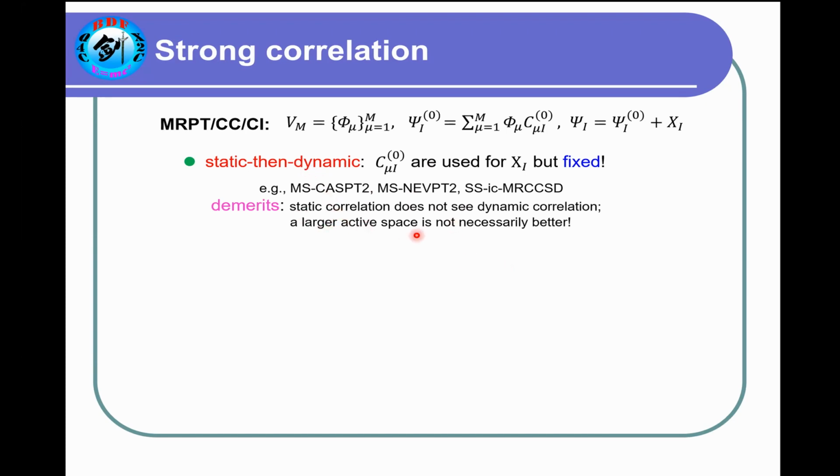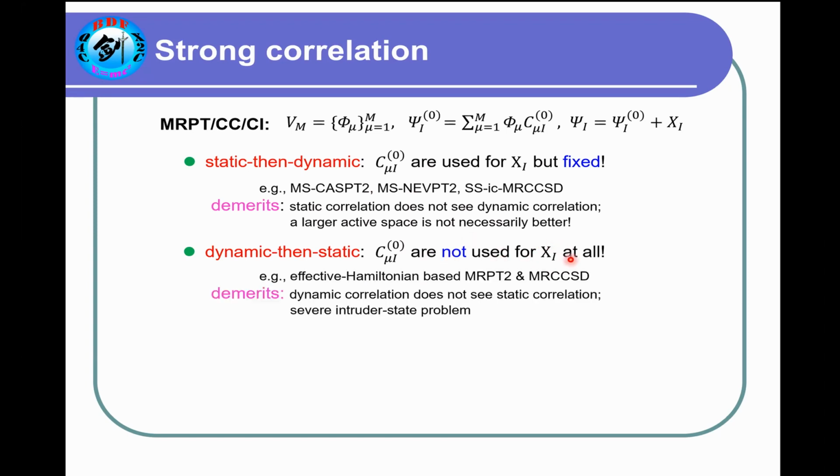In this kind of method, of course, static correlation does not see dynamic correlation. The second family of methods treats dynamic correlation first, then static correlation. And the zeroth order coefficients are not used to construct dynamic correlation at all. So the effective Hamiltonian-based MRPT2 or multi-reference coupled cluster belong to this family.